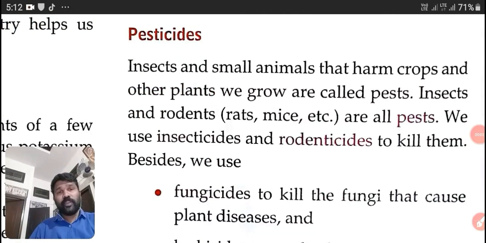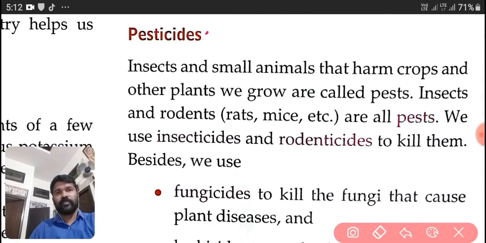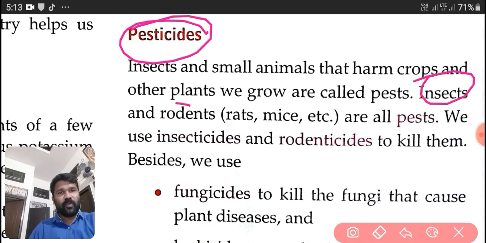Now we are going to discuss the topic pesticides. Insects and small animals that harm crops and other plants we grow are called pests. Insects and rodents are all pests.